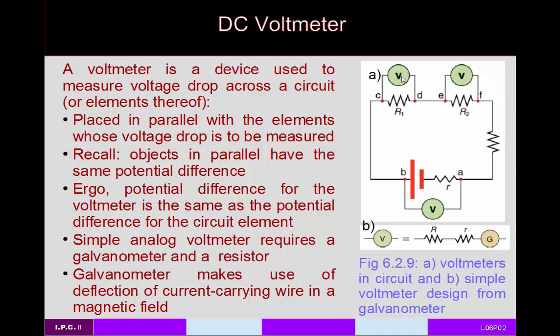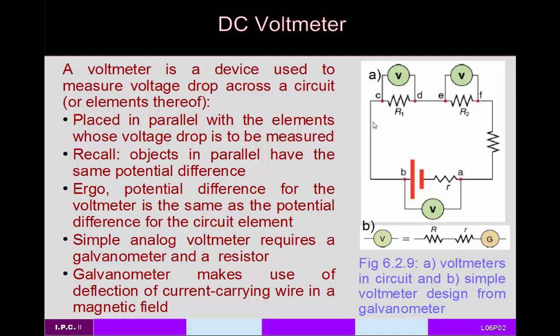Because it's dealing with the deflection of a current carrying wire, when you stick this voltmeter in parallel with this resistor, you're going to end up pulling at least a tiny amount of the current out of this circuit to go to the voltmeter. Ideally, you'd get the measurement without pulling any current out, but of course you have to have some current in order to make the measurement.